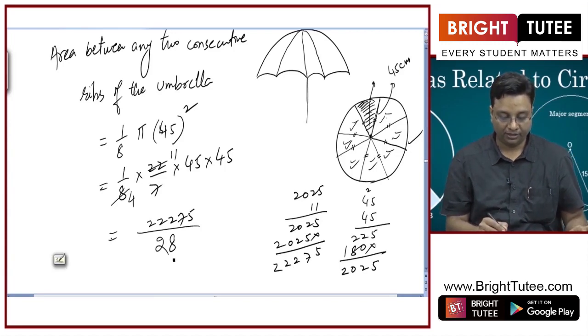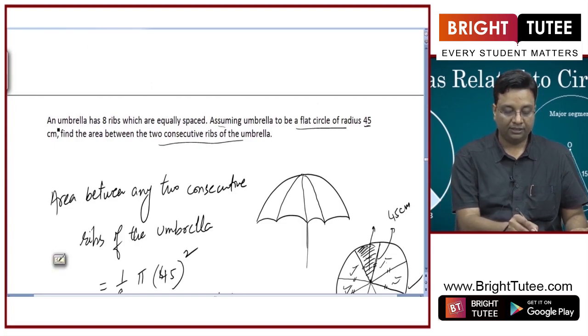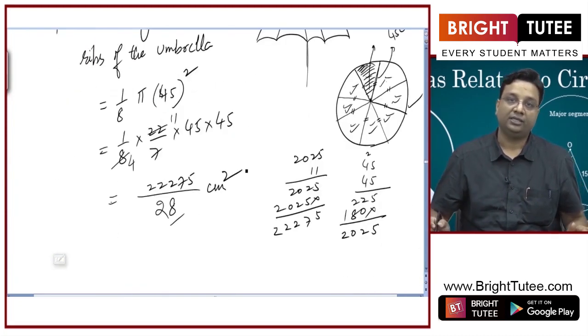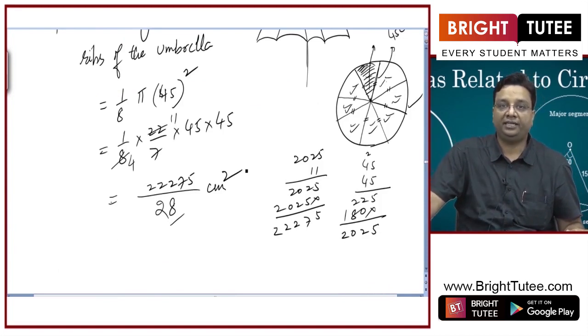This is the numerator, 28 is the denominator, and the unit will be centimeter square. So this is the area between any two consecutive ribs of this given umbrella.